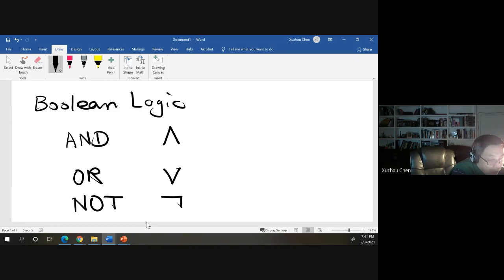So they use some other notation: an asterisk to represent and, a plus to represent the or operation, and sometimes a tilde to represent the not operation. So that's kind of the history over here.